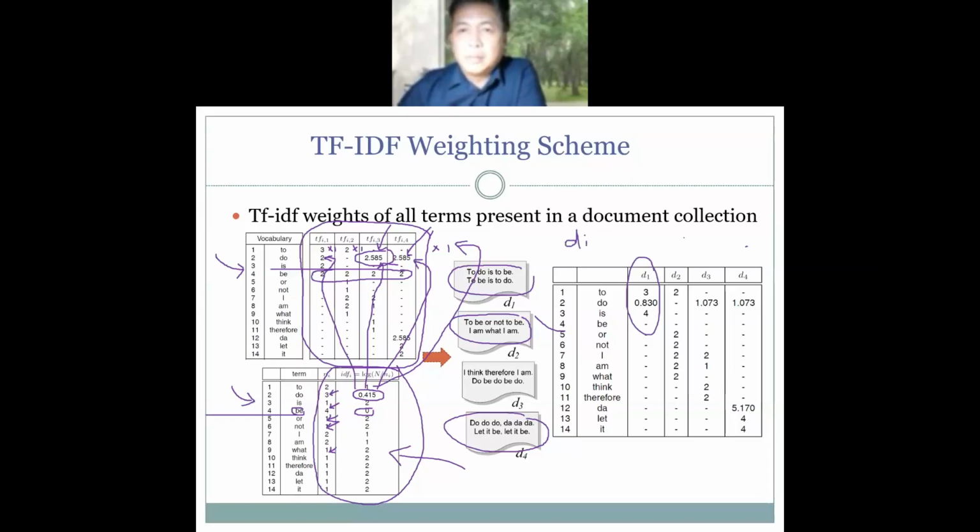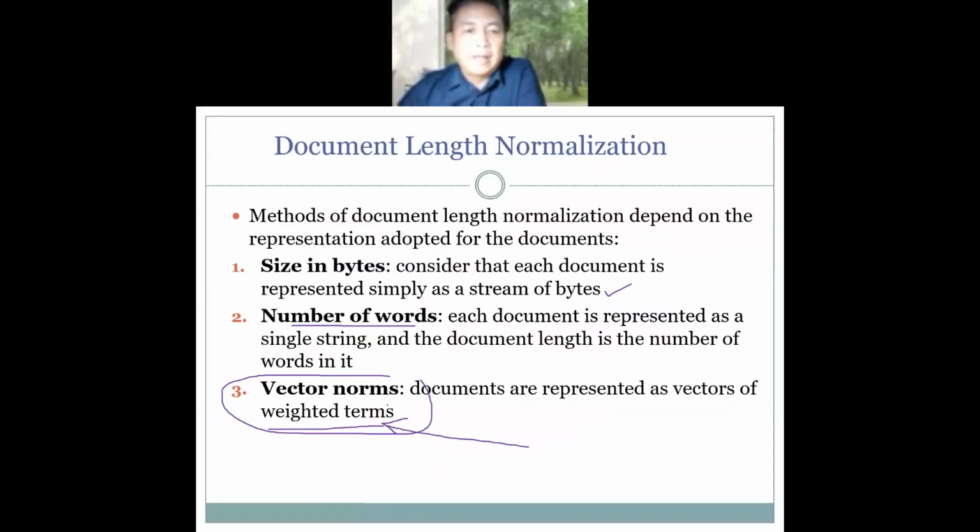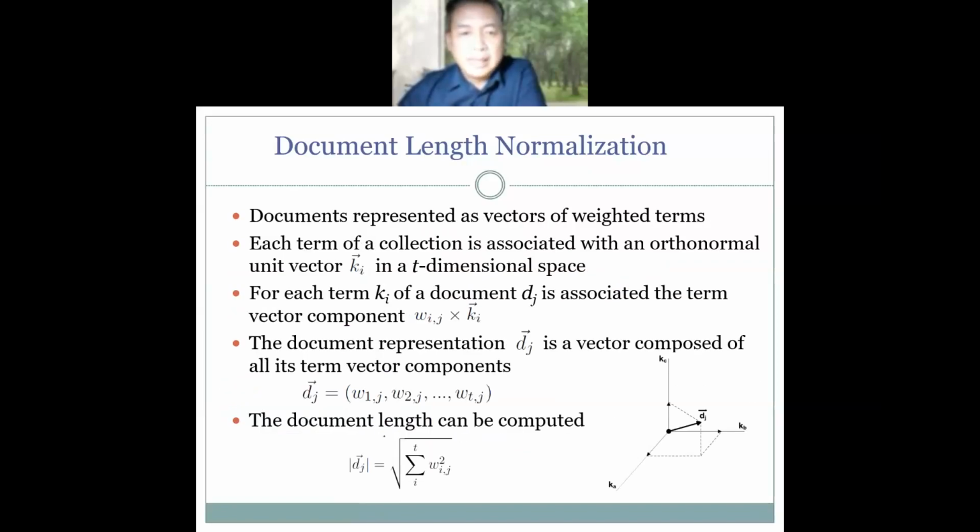Okay, so that means for document 1, we have 3, 0.830, and 4. So this is what we call the vector norms. So how do we compute it? How do we use that? Basically, this is the format that we use.